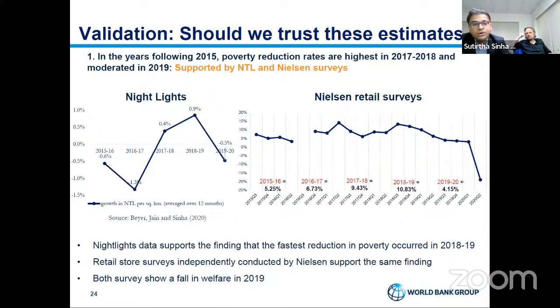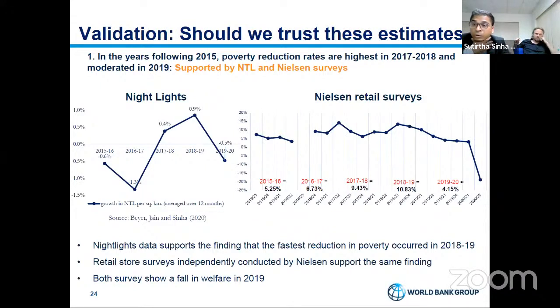Going beyond rural wages, if you look at night lights, the story is similar. In 2016-17, there was a drop in consumption in the night lights data, then an increase in 17-18, 18-19, and then a further drop in 19, which is exactly the trend that we have reported on extreme poverty.